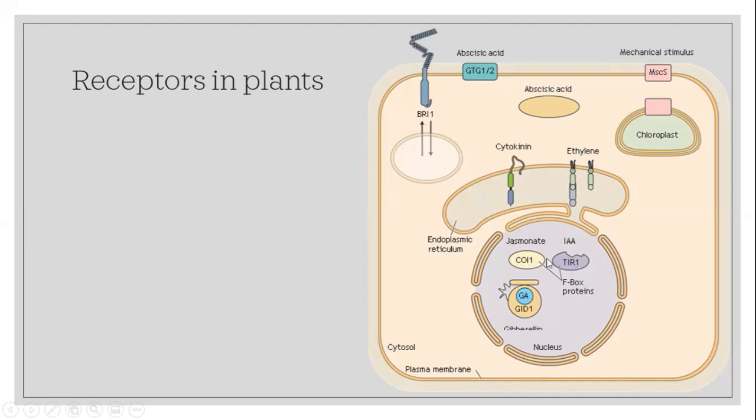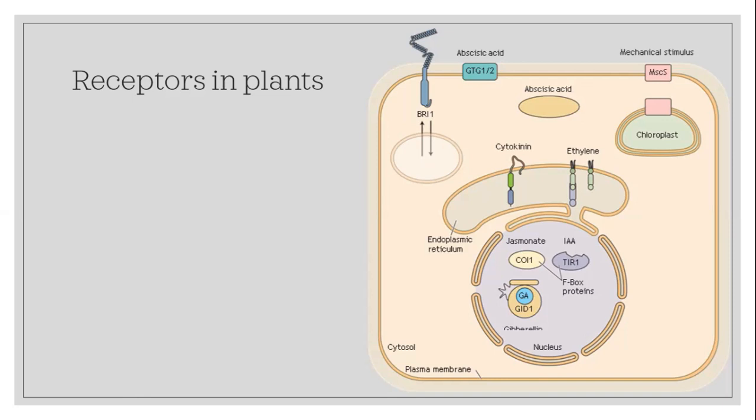You can see these are the receptors which are present inside the nucleus. These are COI1 or TIR1. These receptors are actually the intracellular receptors which will bind to the molecule directly. For example, this TIR1 is a receptor for IAA.